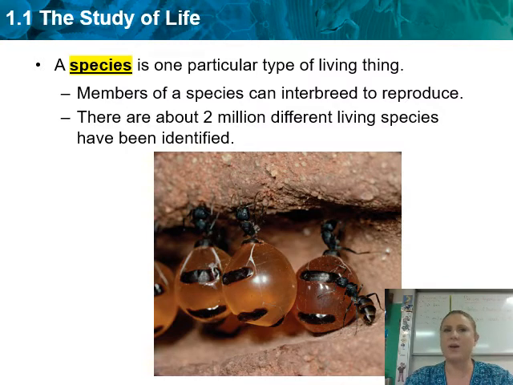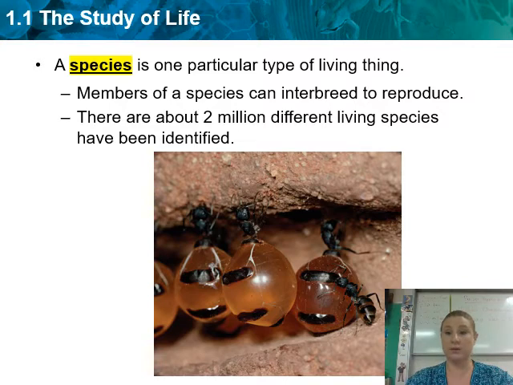And I asked you, how is the word species related to the concept of biodiversity? And if you think about it, a species is one particular type of living thing. And biodiversity was the variety of life or the different forms of life found on our planet. So if you think about how species are related to biodiversity, well, on Earth, we've identified over 2 million different living things.